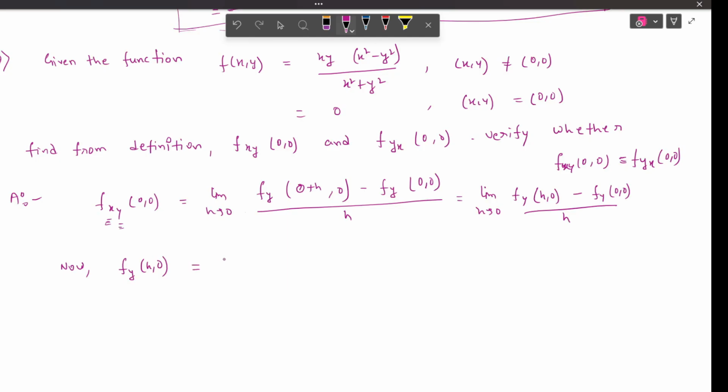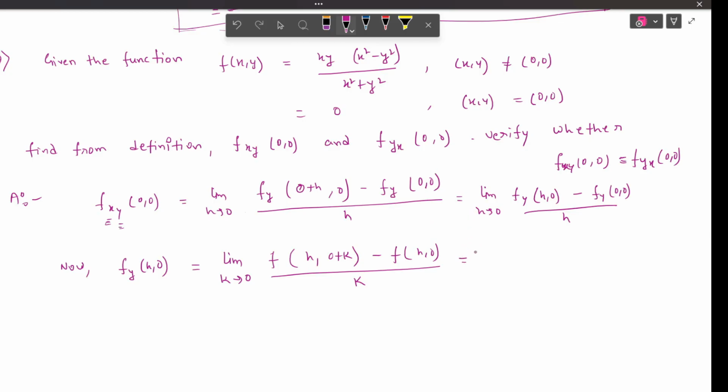So let us say this is limit k tending to 0, f of (h, 0 plus k) minus f of (h, 0), that is (a, b), by k.